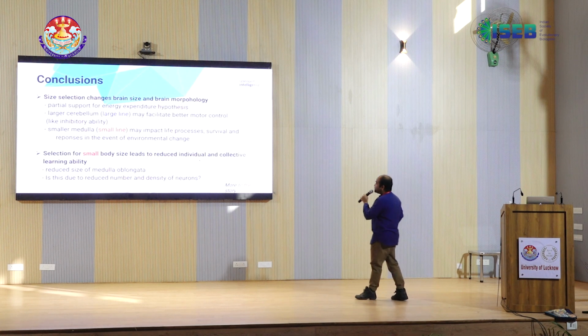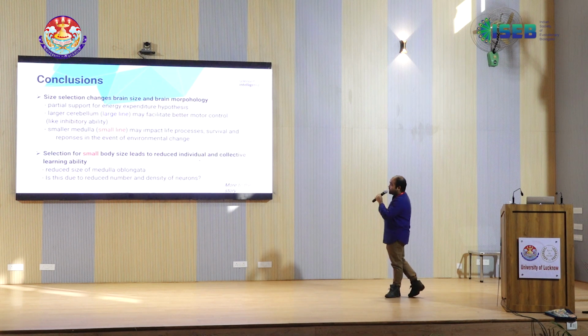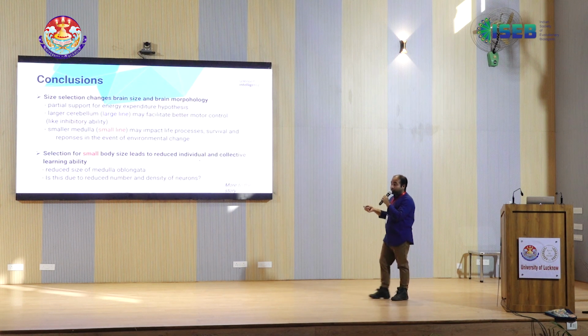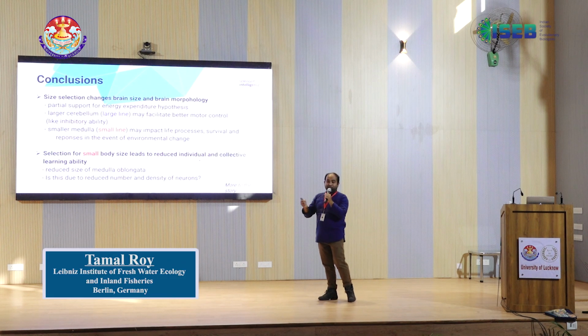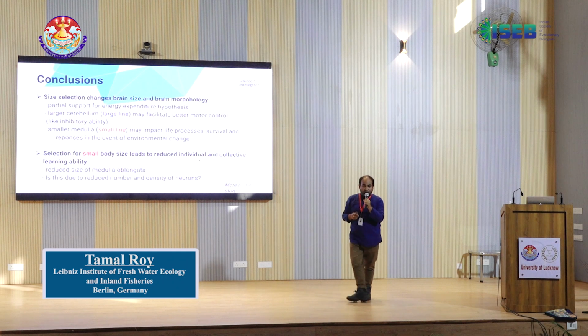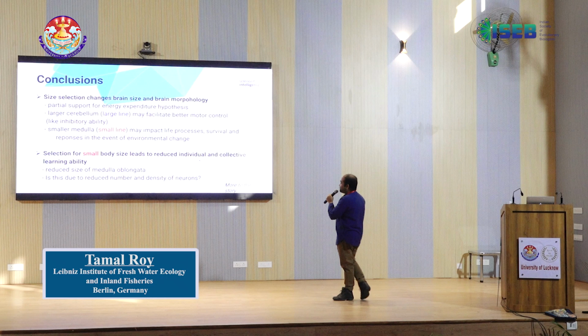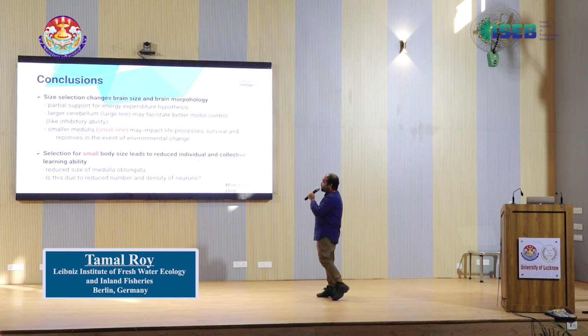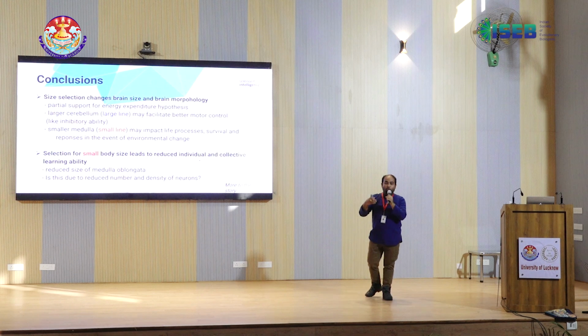Coming to the conclusions, we saw that size selection changes brain size and brain morphology. How? We find partial support for the energy expenditure hypothesis because we found these effects only in the large line and not in the small line as expected. We found larger cerebellum in the large line fish, and this could facilitate better motor control.